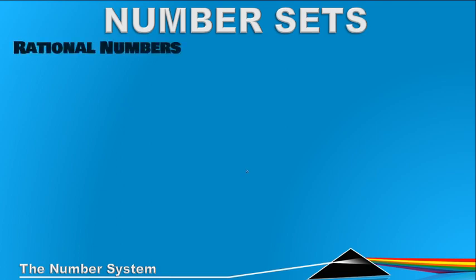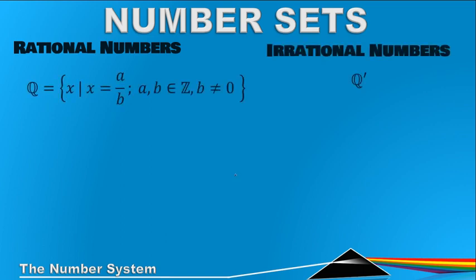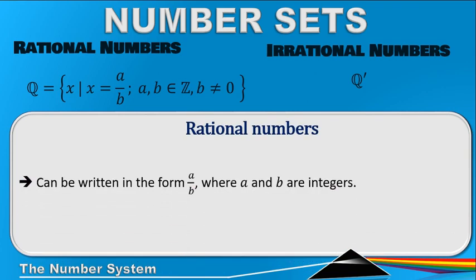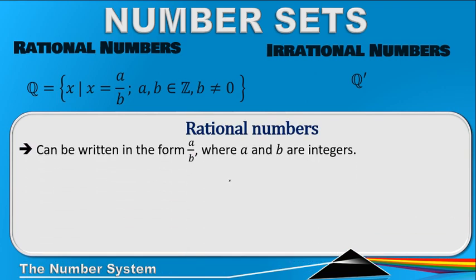Okay, now the next types of numbers that we find are rational numbers and irrational numbers. Rational numbers can be defined as numbers that can be written in the form a over b, where a and b are integers. This is the mathematical notation of saying that.